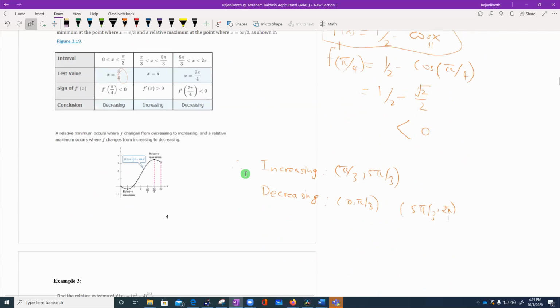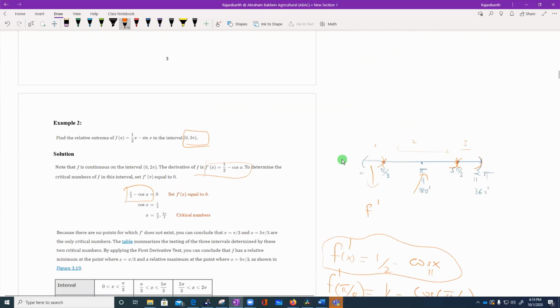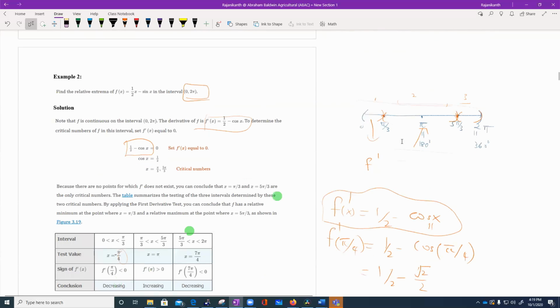So we are finding relative max and min, right? What I used to do is mark the function trend here on the interval. Remember, in the first interval we got decreasing, so I'm putting here negative, decreasing. In this interval we are getting a positive sign. In this interval we are getting a negative sign.